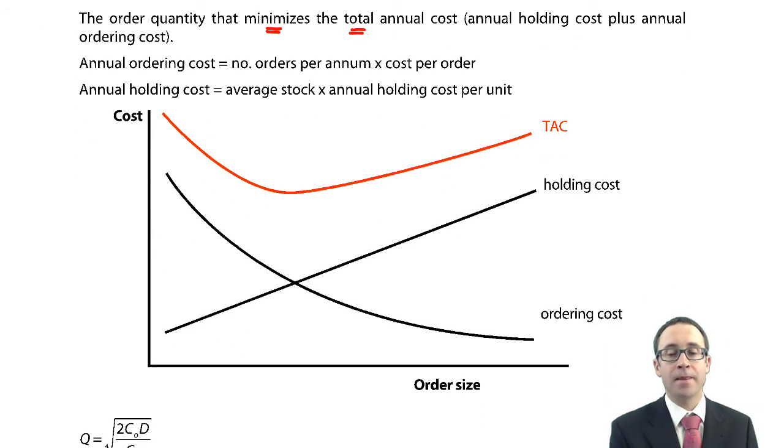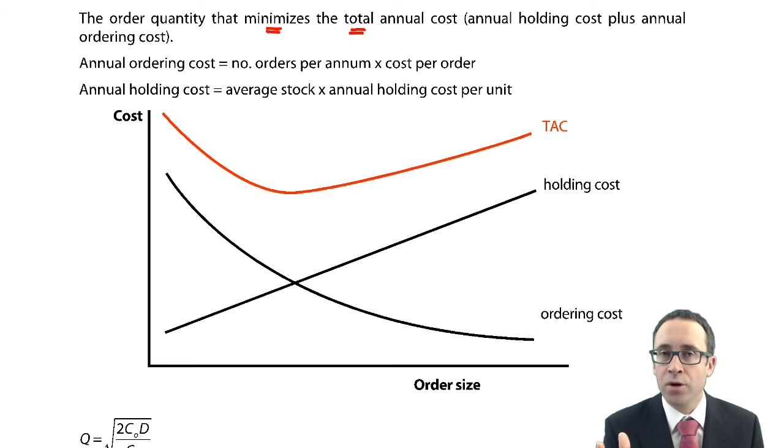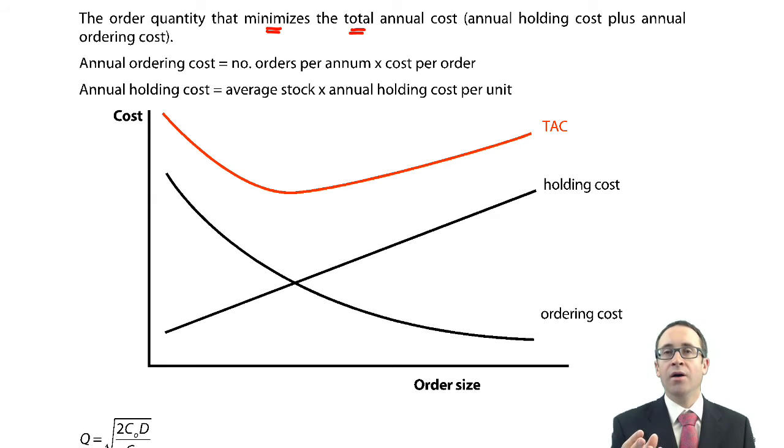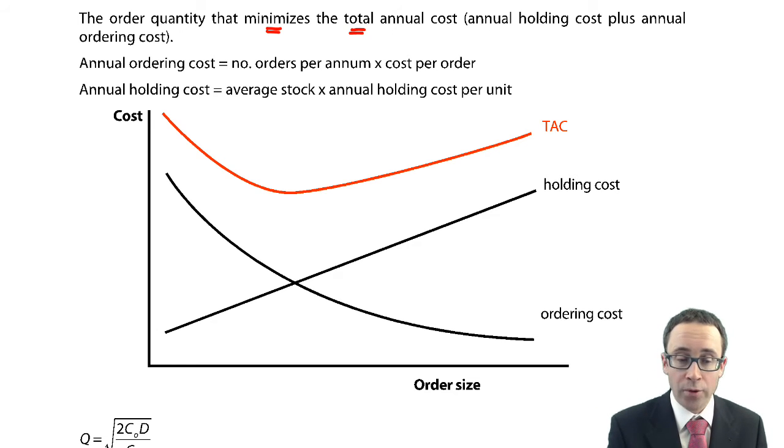But we'll bring in the purchase cost a little bit later on, okay? Because if you have an annual quantity that you're going to order, then the purchase cost will be the same, won't it, if we ignore any bulk discount. So for now, we can leave the purchasing cost to one side and focus upon the annual ordering costs and the annual holding costs.